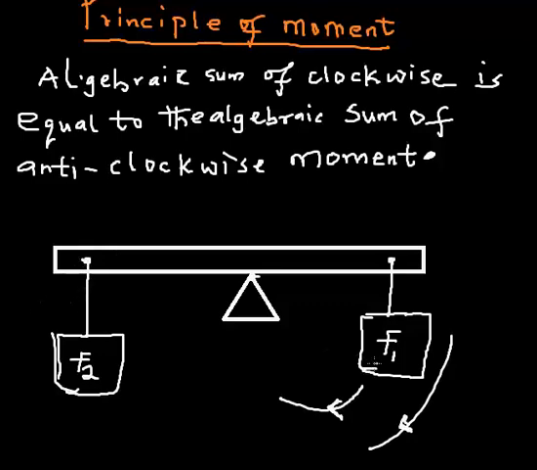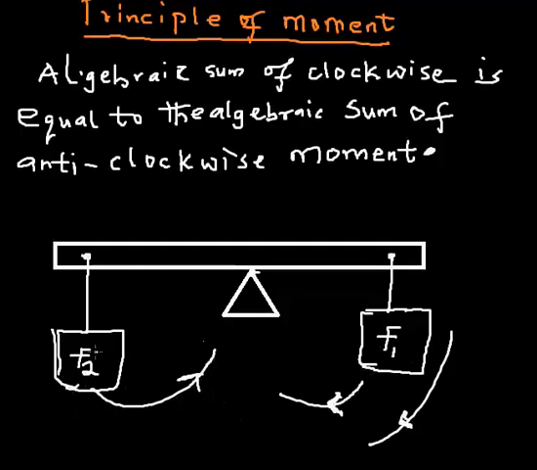The reason is that F1 produces a clockwise moment. By the time I added F2, it produces an anti-clockwise moment. So for this beam to be at equilibrium, the clockwise moment must be equal to the anti-clockwise moment. Please take note of that. That is the principle of moment.